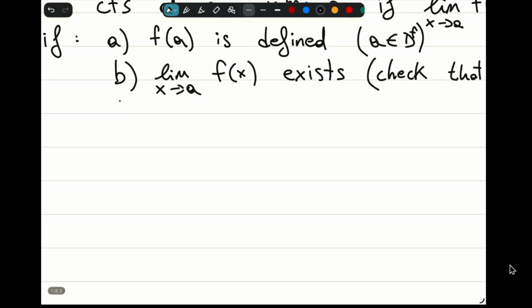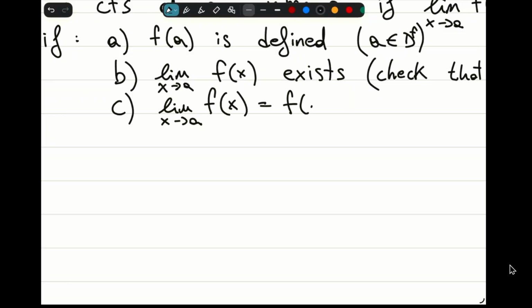Finally, I'll do point C. I'll try to squeeze it in here. Let me just make this a little smaller. The limit as x approaches a of f of x equals f of a.